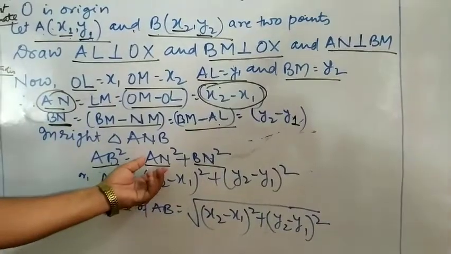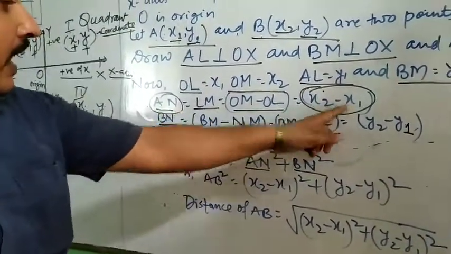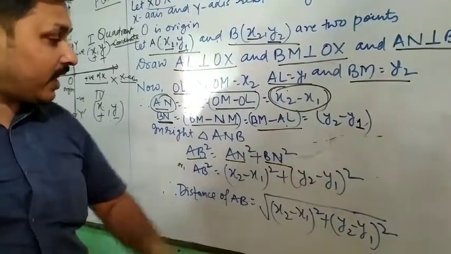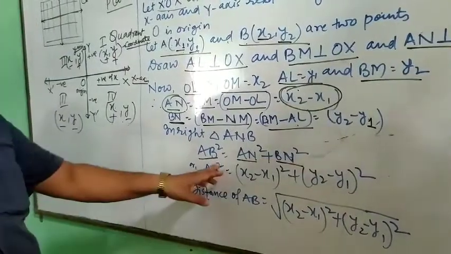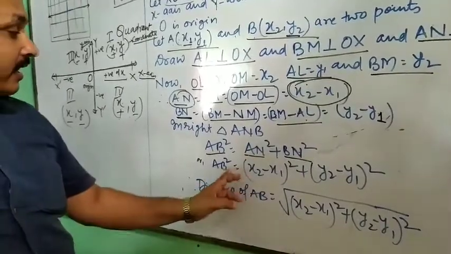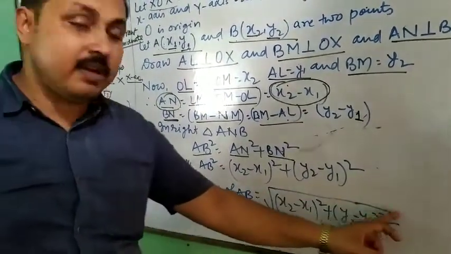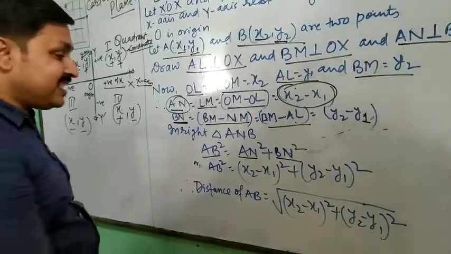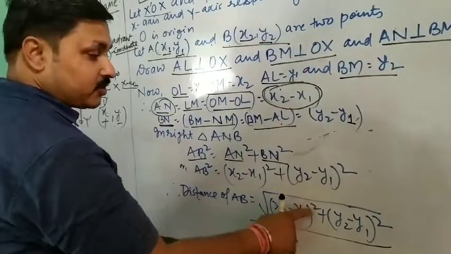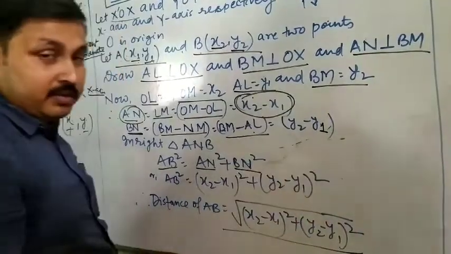AN equals x2 minus x1 and BN equals y2 minus y1, the whole square. So the distance of AB is the square root of these. This is the distance formula: the square root of (x2 minus x1) whole square plus (y2 minus y1) whole square.